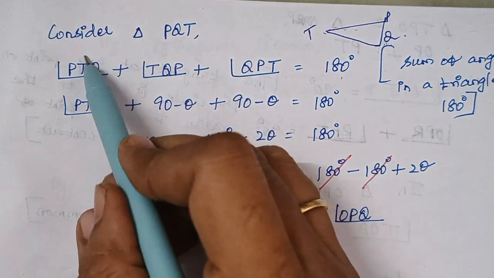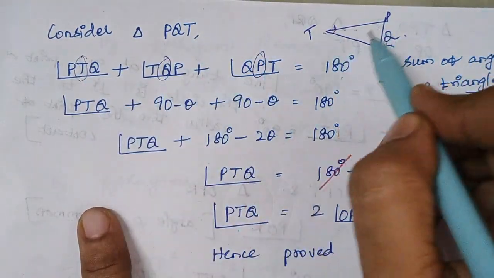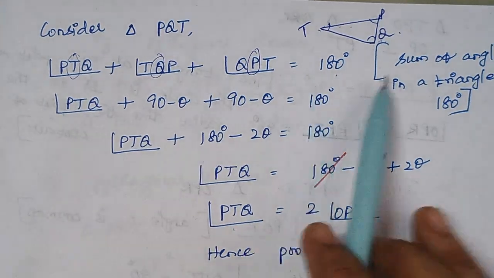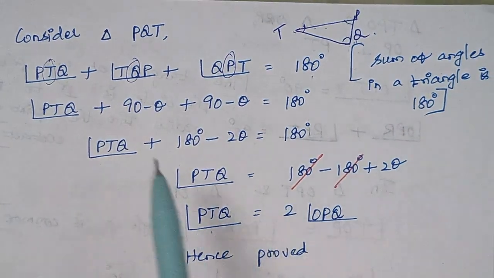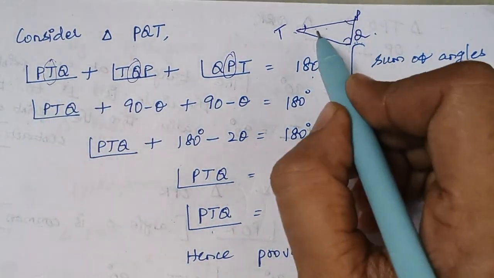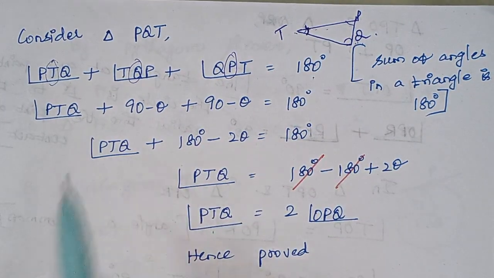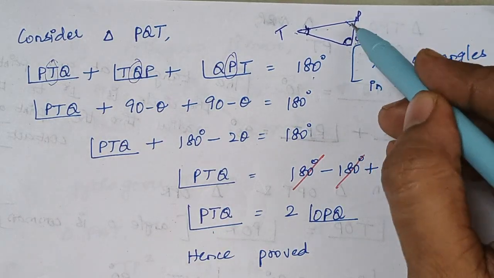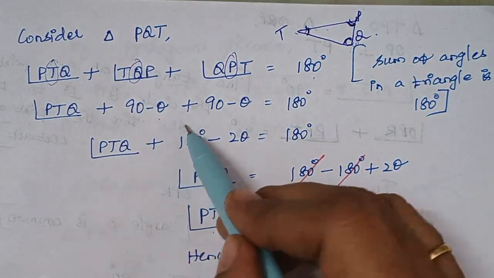That is, you look at the center, angle T, angle Q and angle P is equal to 180 degrees. Sum of angles in a triangle is 180. Now, I don't know what is the value of PTQ, so I am keeping this as such. So, just now we have found out the values of TQP and QPT. Both these are 90 minus theta.